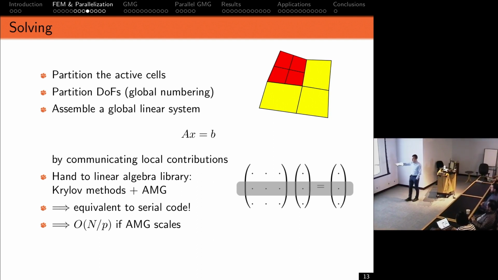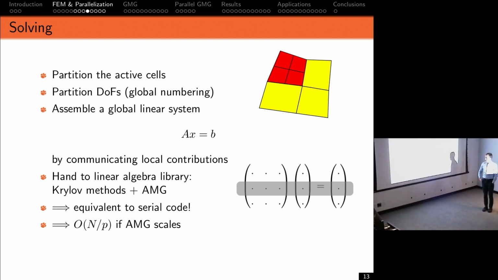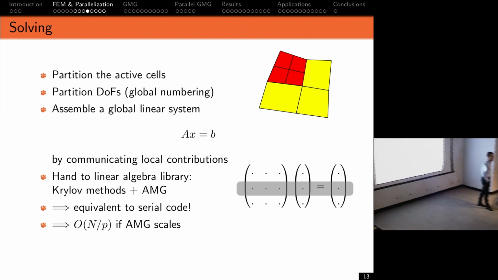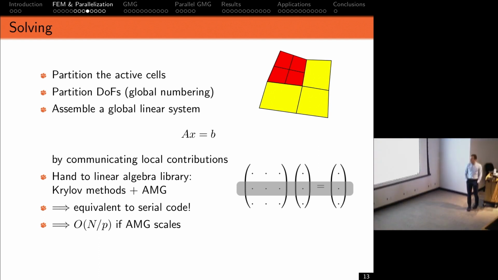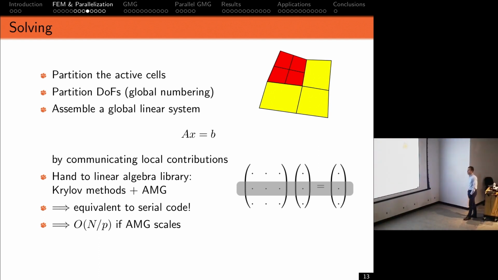And I also want this scalable, as in I want to chop up the work between P processors, ideally optimally, right? So the short message is, if I have an algebraic multigrid, for example, that I can use as a black box, that experts, that I, as the finite element guy, don't have to worry about because other people have figured that out much smarter than I am, then you can actually have an optimally scaling method.